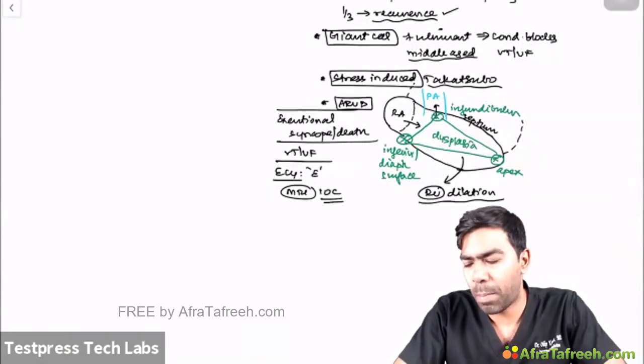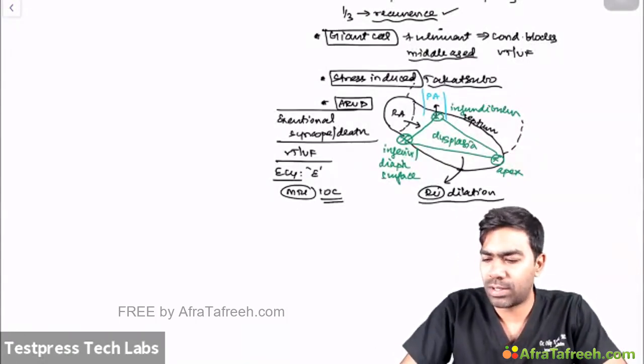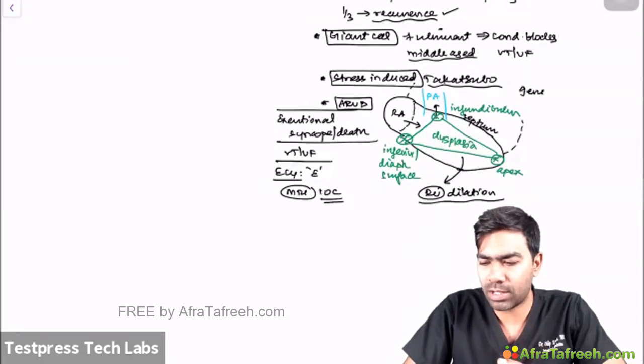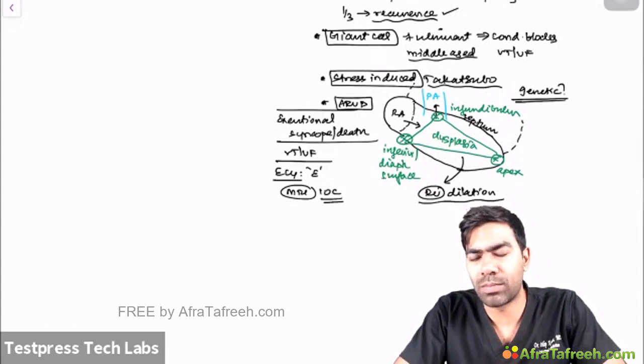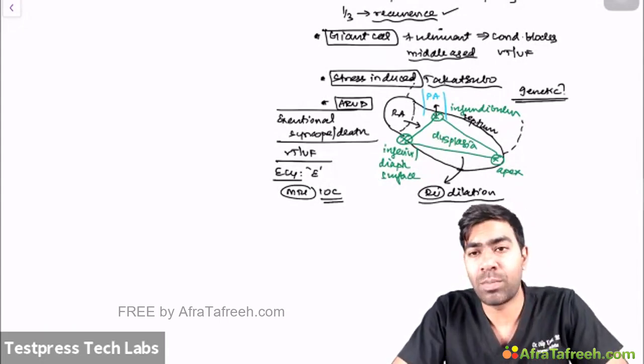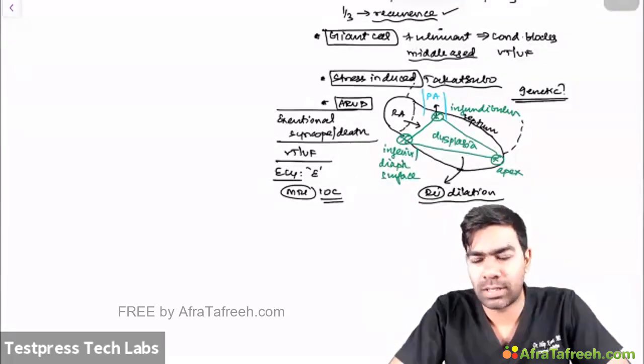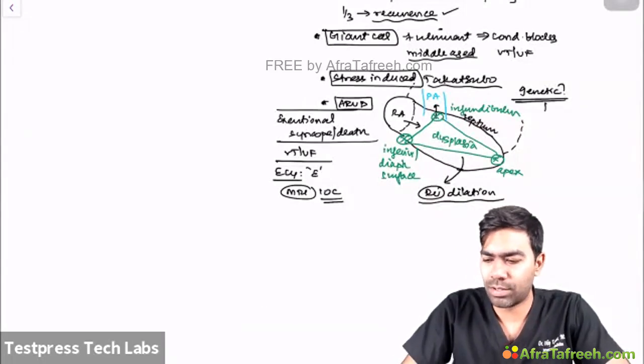And at the same time, there is one important genetic syndrome that is associated with ARVD. What is that genetic syndrome? It's very easy. It's present in Robbins itself, so that should not be a tough thing to tell. Yes, it is given in Robbins itself, right? So that's called Naxos disease.